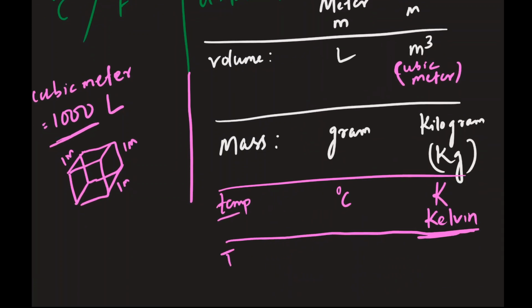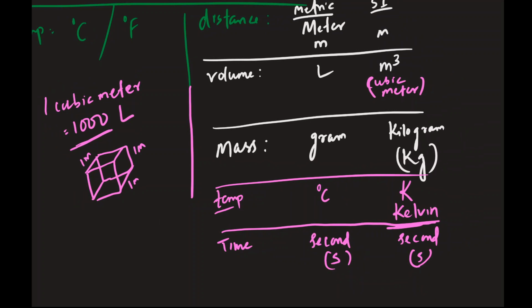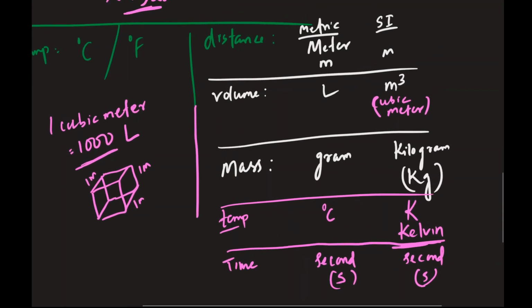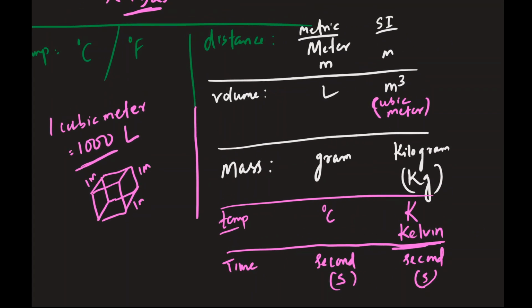We measure time, right? The metric unit for time is seconds, and the SI unit is also second. You can measure time in hours, but these are the metric and SI international standards.